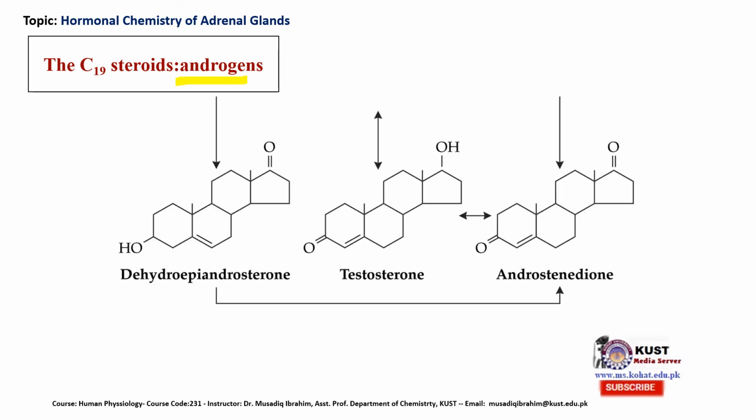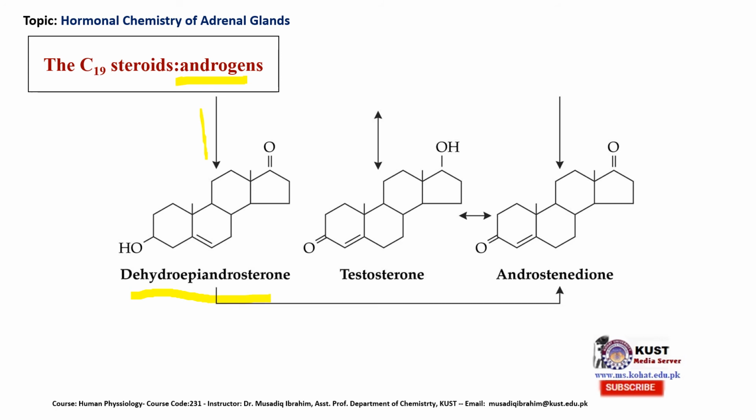From the previous slide we know that the first one we had was 17-alpha hydroxypregnenolone, which is converted into dehydroepiandrosterone.